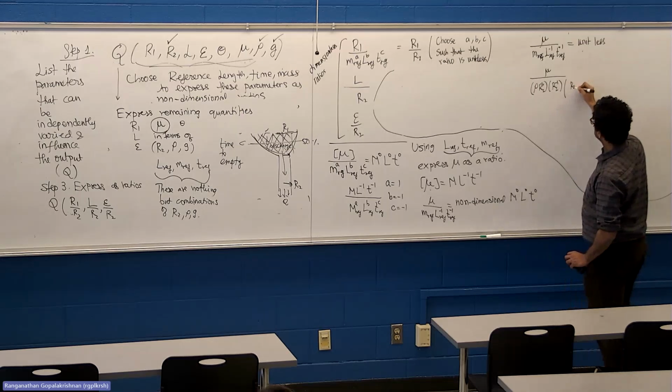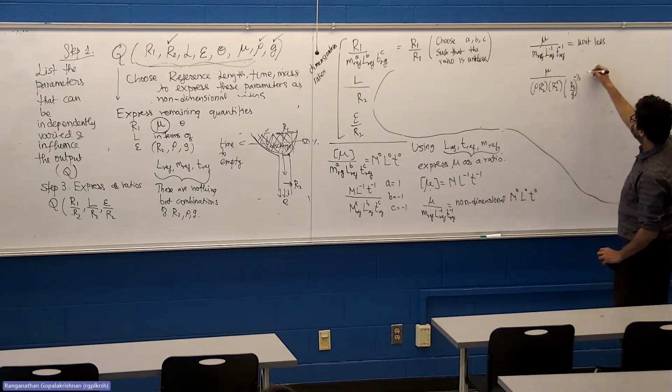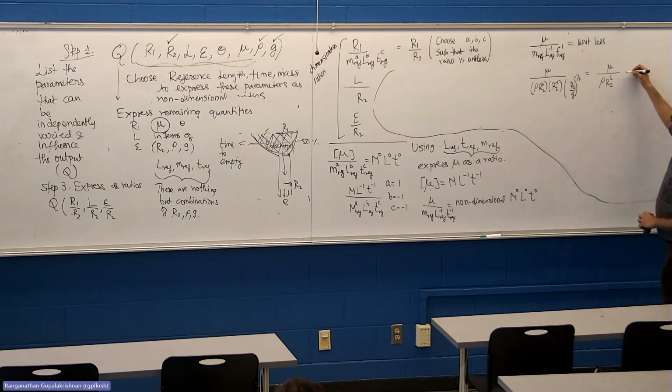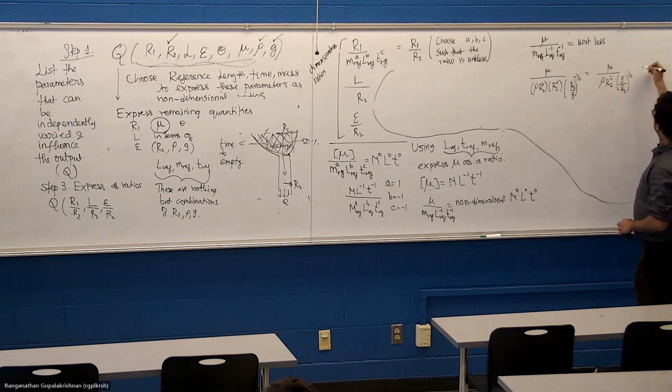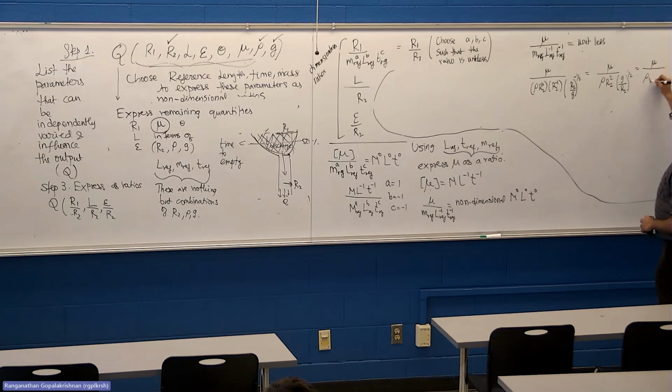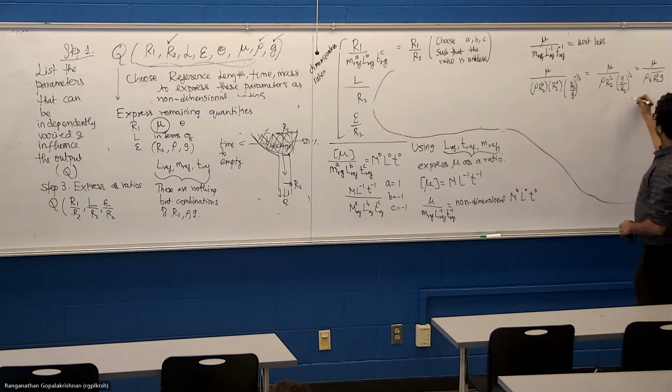That is R2 over G to the half, and then I have to have a negative sign. So this is viscosity divided by rho R2 squared, and then I have G over R2 to the power half, or this is viscosity divided by rho times square root of R2 cube times G, or this is viscosity over rho R2 times square root of G R2.